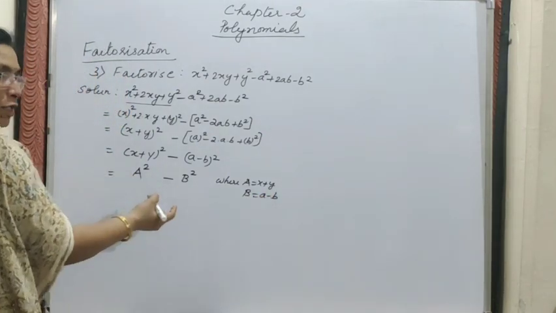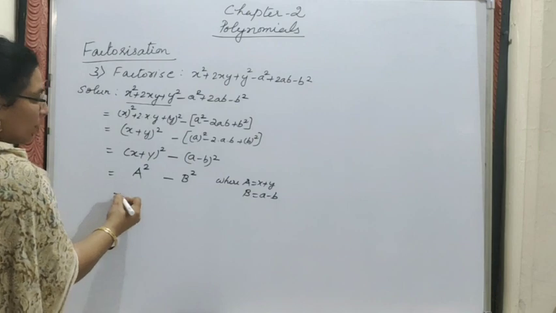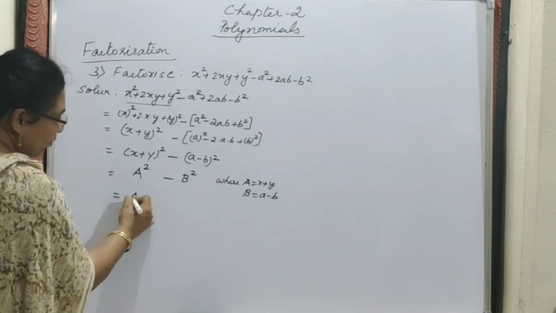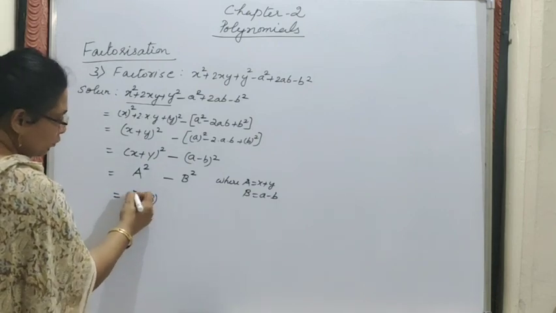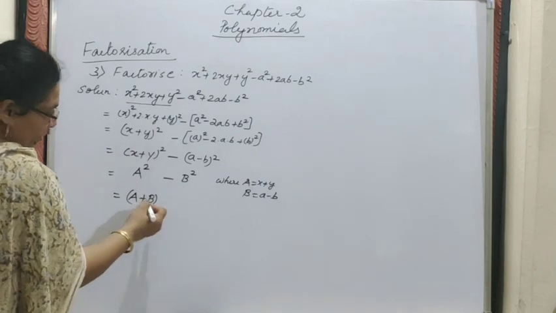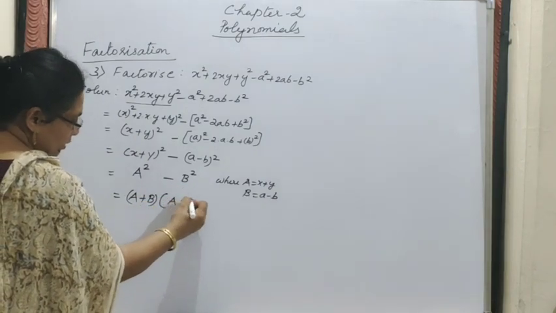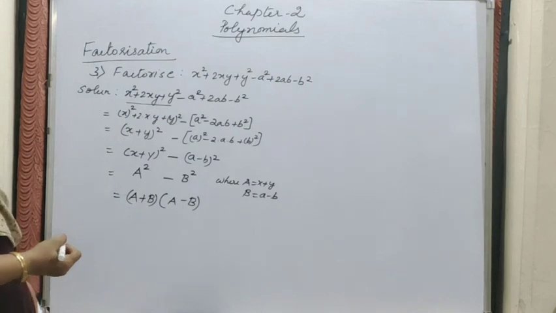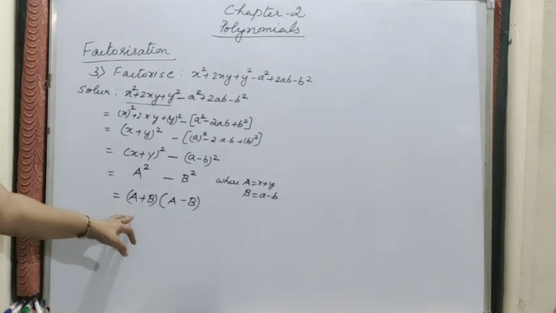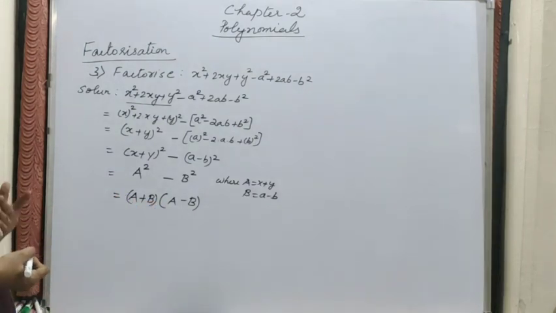Now I got a square minus b square. So what is a square minus b square? It is a plus b. We need product form. We cannot write this as a factorization. a minus b. Do you remember this identity? a square minus b square means a plus b into a minus b.